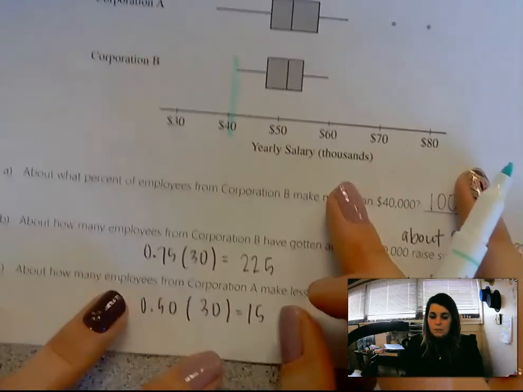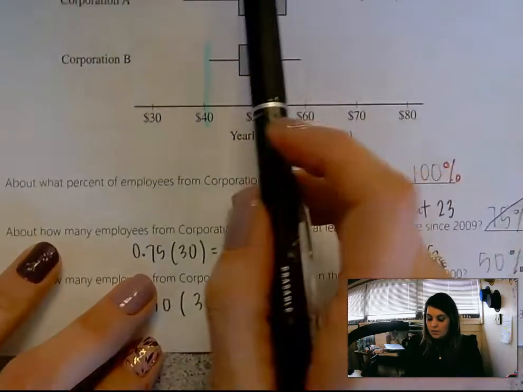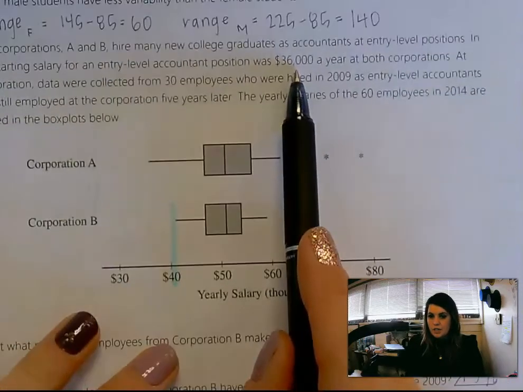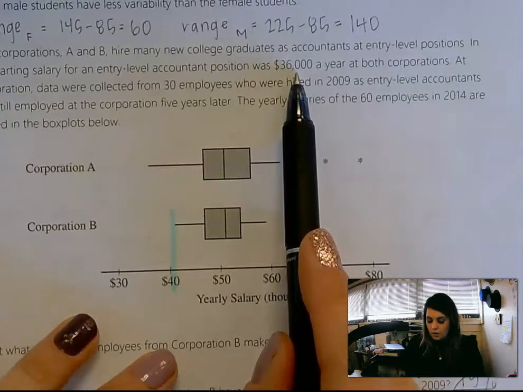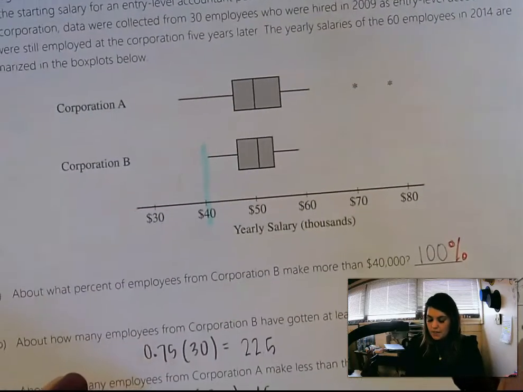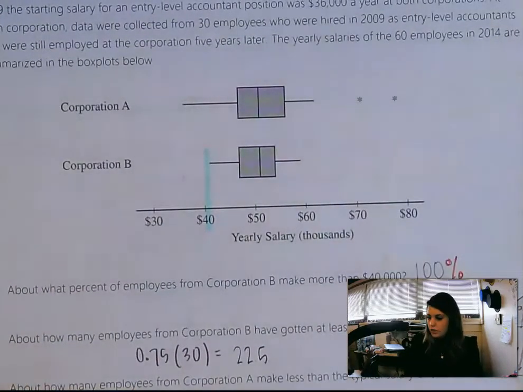How many employees from Corporation B have gotten at least a $10,000 raise? Well, this is telling you that every accountant starts at $36,000. So a $10,000 raise would be $46,000. So I am going to make a line at 46.